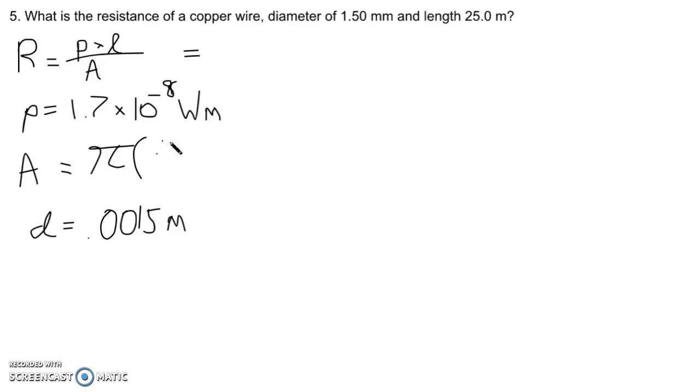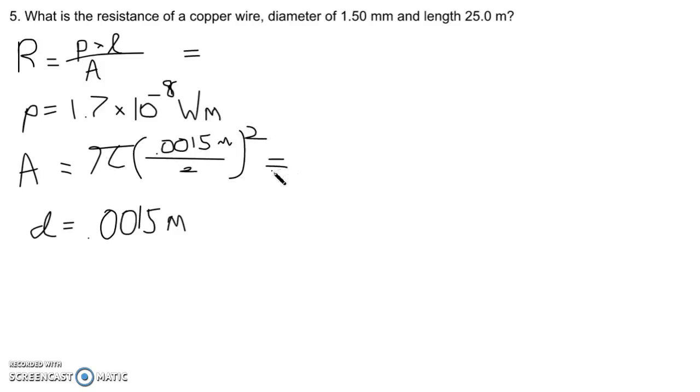Now, the radius is just that times a half, right? Because that's how radii work. So that's what I did. I said it's 0.0015 all over 2, and then I said it's that all squared. So it's the radius squared times pi, or pi r squared.